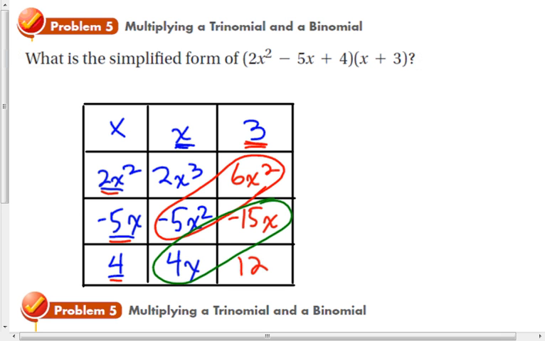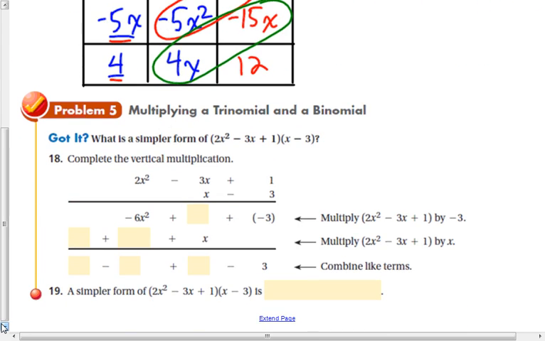And so I'm going to write my final answer, 2x to the third, -5x squared plus 6x squared is 1x squared. 4x plus -15x is -11x. And then I need to add 12. All right, let you try that one.